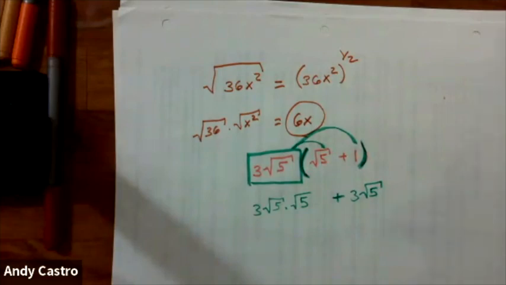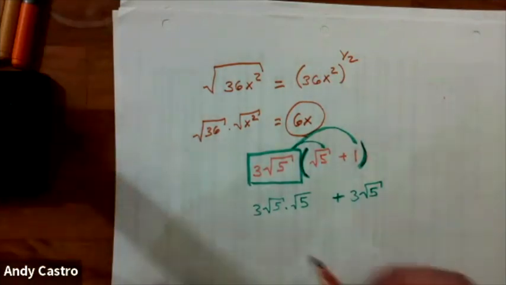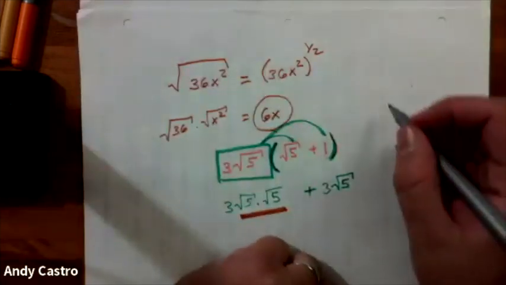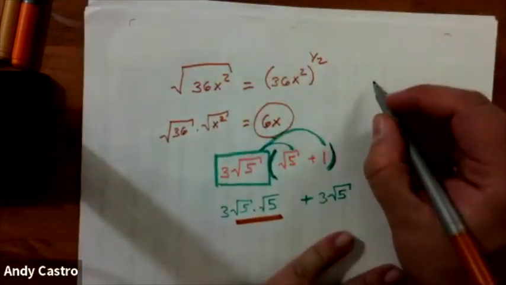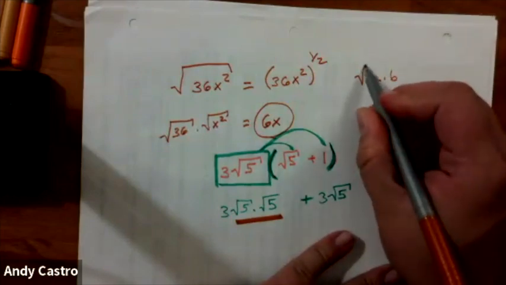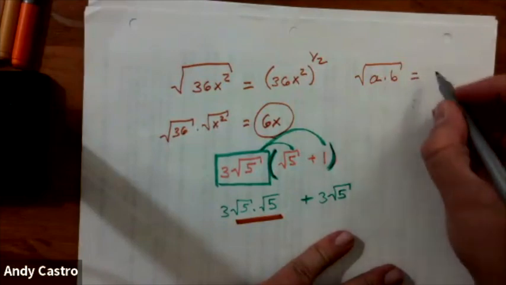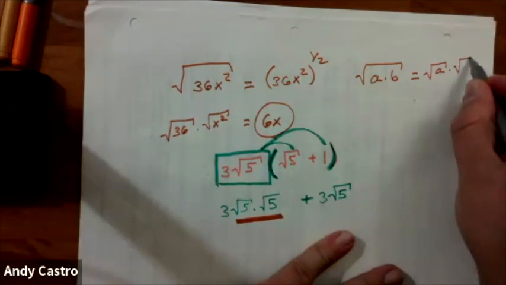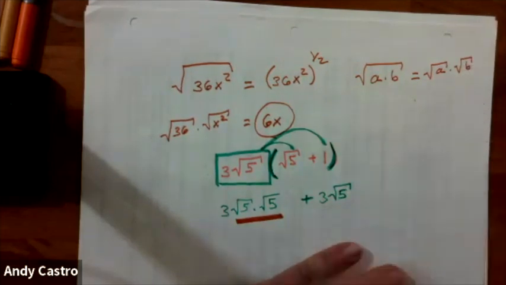Now here, notice what we have. We have the square root of 5 times the square root of 5. So we can use the principle that we looked at earlier in reverse. We said that if we had the square root of a times b, that's the same thing as the square root of a times the square root of b.